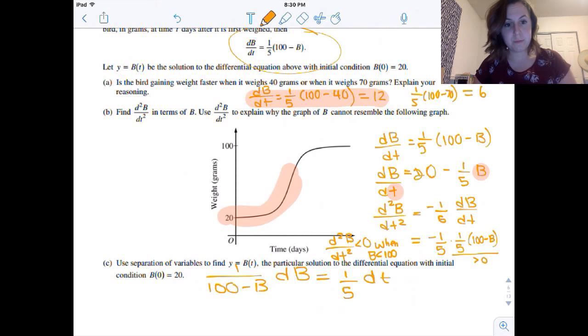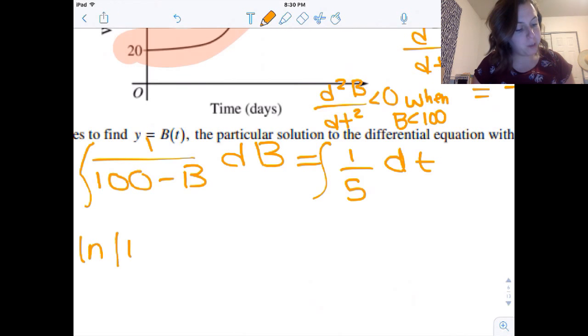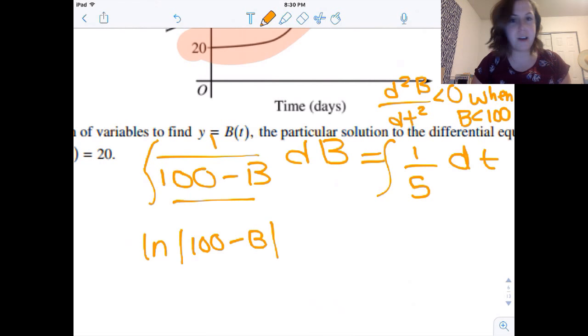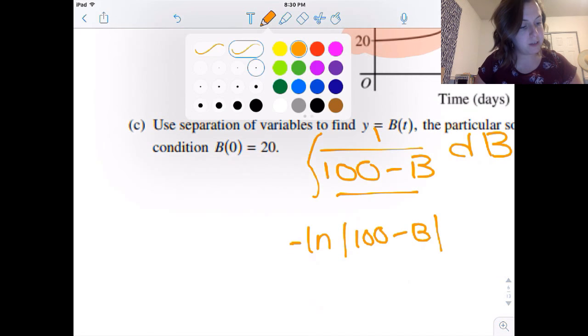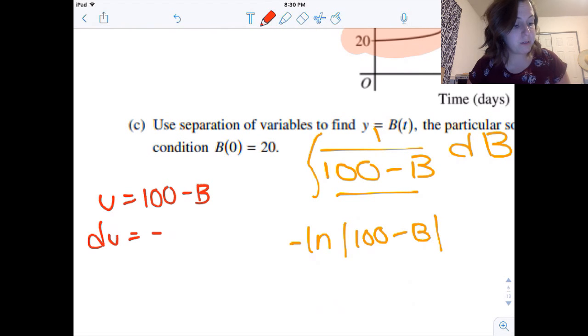This is going to be ln of 100 minus B. And remember what we said before, because these are kind of reversed, your B has a negative coefficient, you need that negative out front, and it's because of this. Your u here would be 100 minus B, your du would be negative dB, negative 1, right? So you'd be plugging in negative du for dB. So that's where that negative comes from.